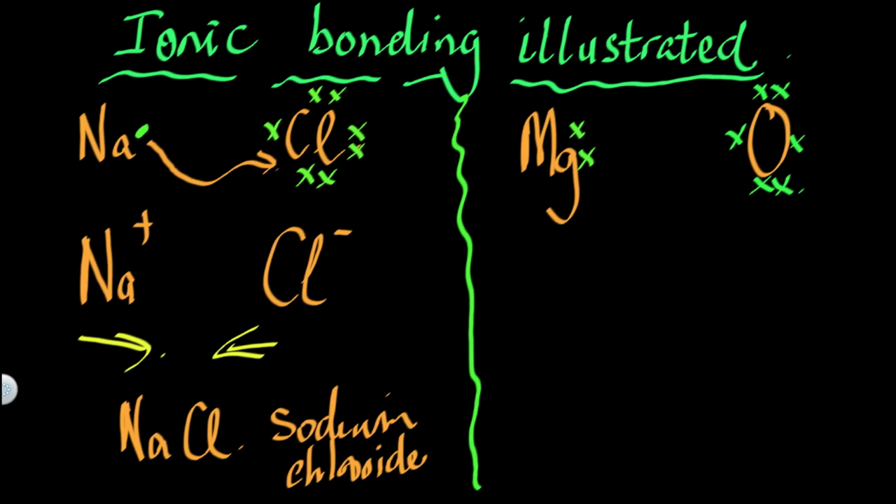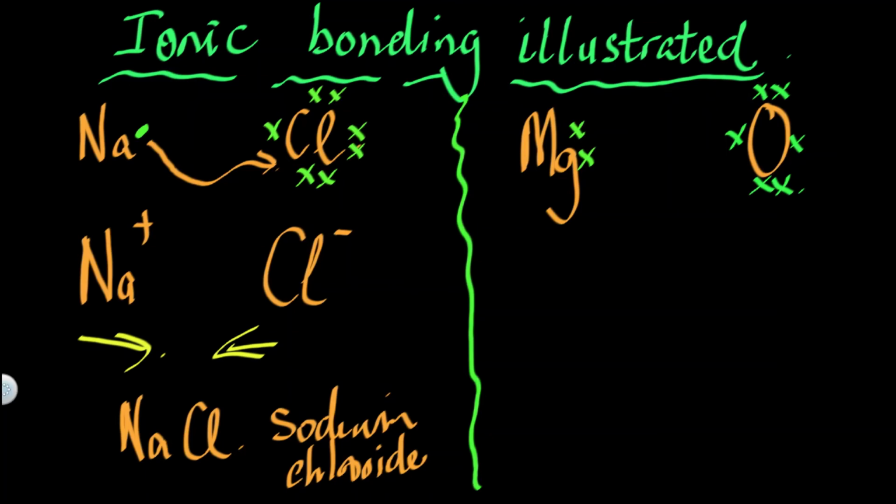So oxygen desires to have 2 more electrons. Magnesium does not want the 2 electrons, it wants to give them away. So magnesium is going to be the donor. In all this ionic bonding, the metals are the donors and the nonmetals are the recipients. So the nonmetals are receiving the electrons that have been given up by the metals.